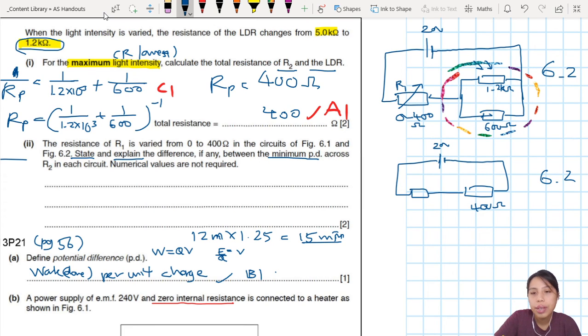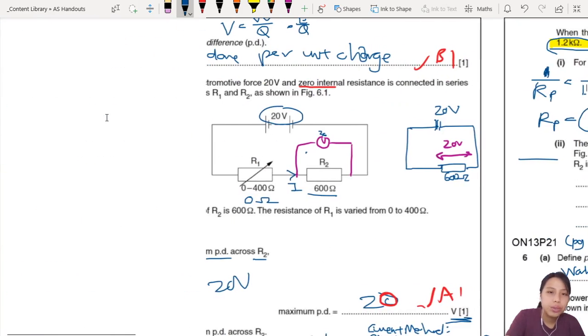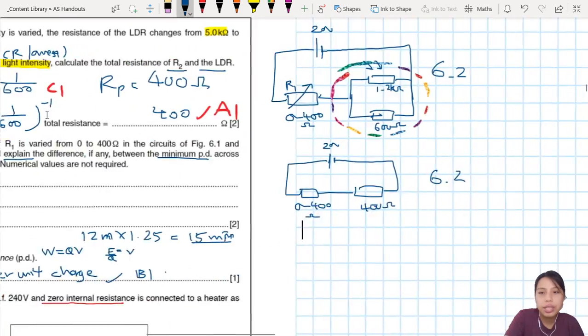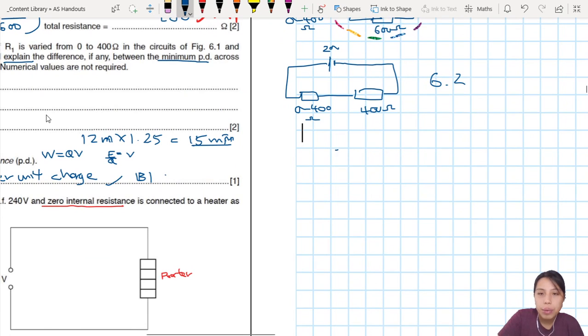It's 6.2, and this one you can change from 0 to 400 ohm. For 6.1, you have to scroll back to the previous one. Yes, that's the original one, 6.1, before we add the LDR. That's just the variable resistor and a normal generic resistor of 600 ohm.